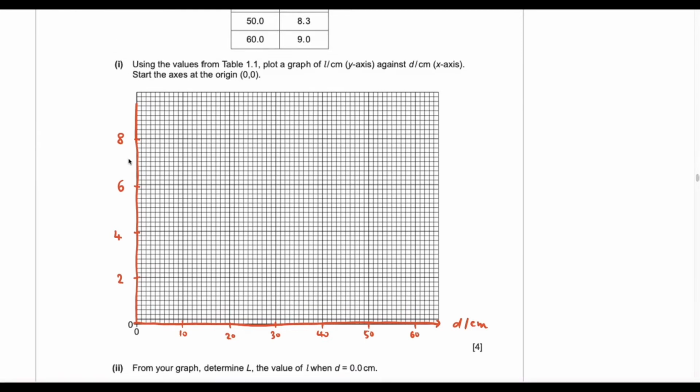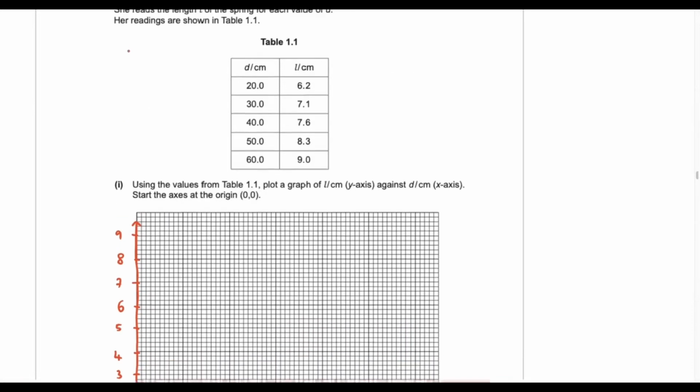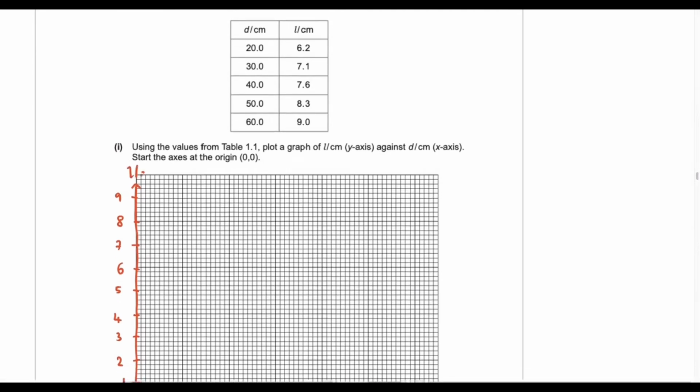In that case, I have to cut by half. 1, 2, 3, 4, 5. 3, 5, 7, 9. Okay, so that is going to be the LCM.